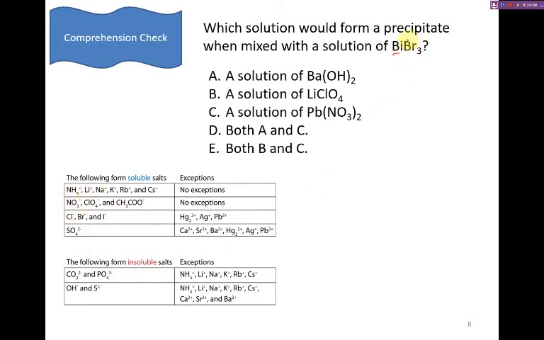And so let's take a look and see things for bromide. Bromide is almost always soluble with a few exceptions, and that's mercury, silver, and lead. And so bromide, we're going to have a precipitate.